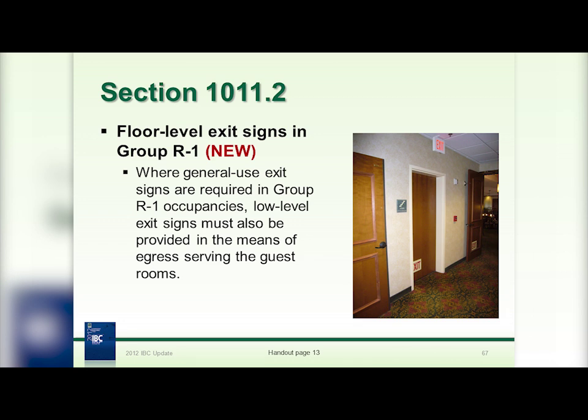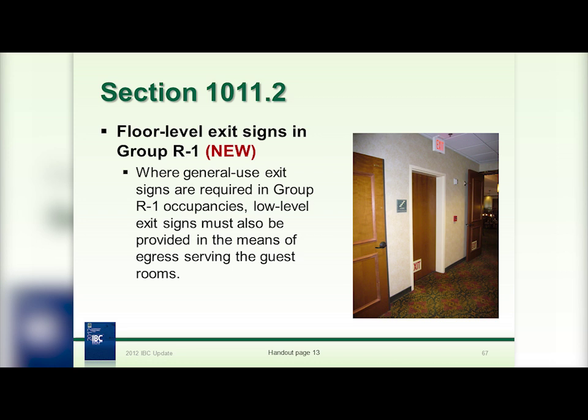Section 1011.2 added requirements for low-level exit signage in hotels on the floors where you have sleeping rooms. And basically it either has to be on the door, 10 inches up from the floor, so it doesn't interfere with somebody's foot plates if they're trying to get into the stairway if they're using a wheelchair, or it needs to be next to the door, within 4 inches of the frame.